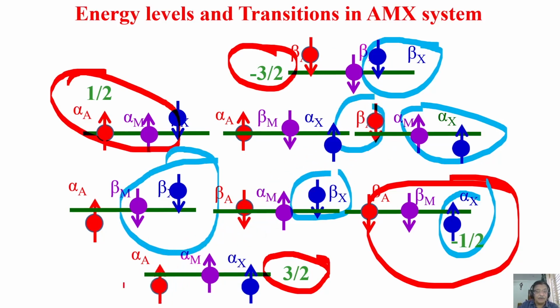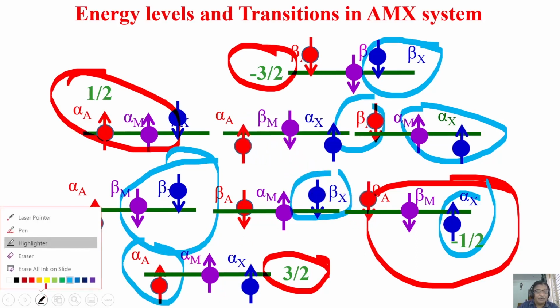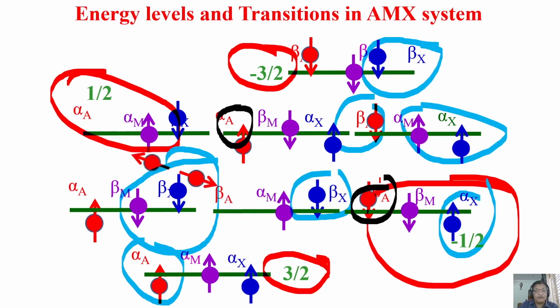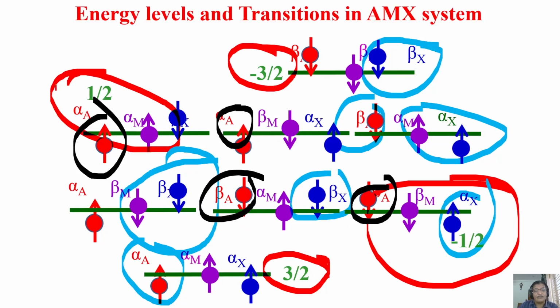Beta A is coming to alpha A. That's allowed. Alpha A is changing to beta A. One more, this is also allowed. So A has 4 transitions.